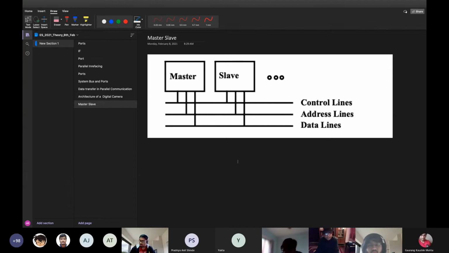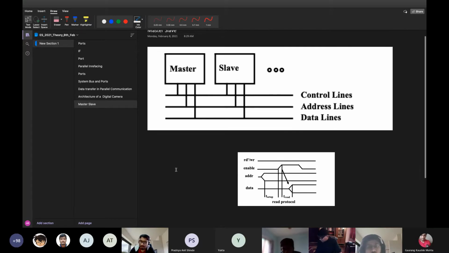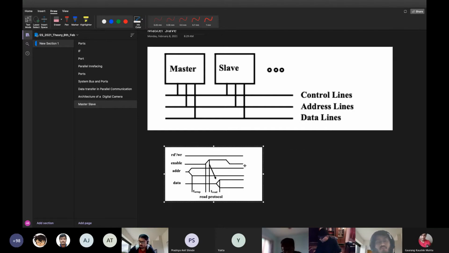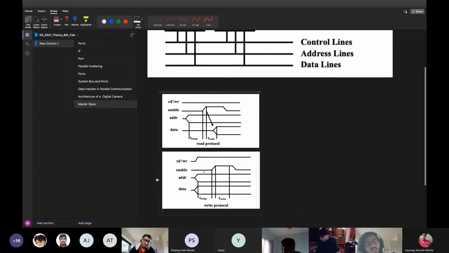For example, a data read operation is a read protocol, as you can see here. Similarly, you can also see a write protocol. It's a simple control action.